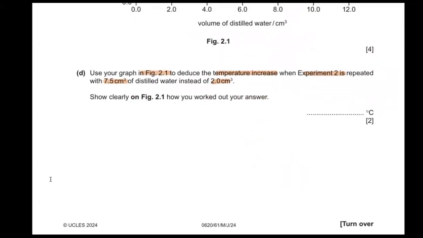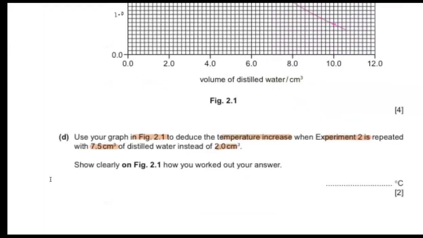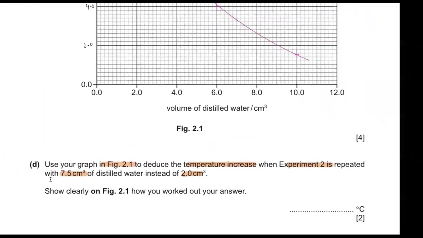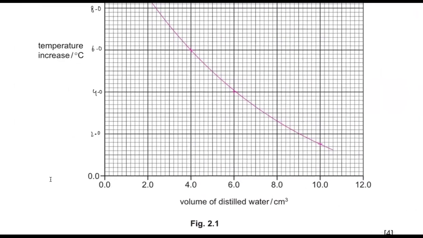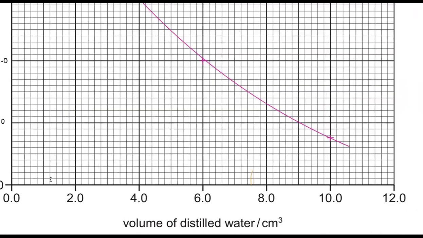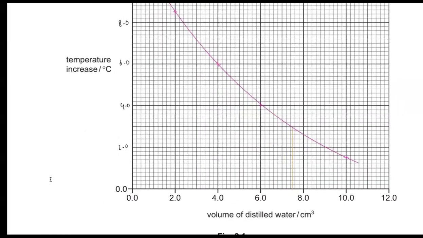It's 6-1. So when they are asking you this question, this is 7 and this is 7.5. So on 7.5, you can make this. This can only be identified when you are having a curve.